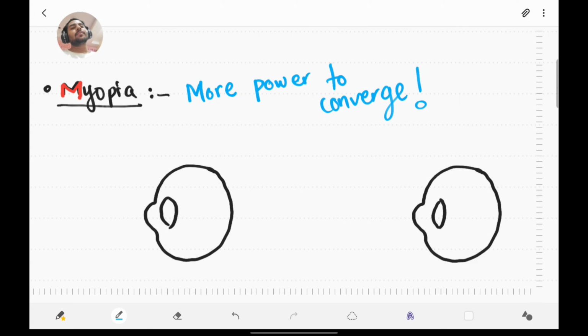Now, what happens in a myopic eye, which is commonly found in youngsters nowadays? It's simply that the rays of light are converged more, and the image is formed before the retina, right? Let me explain to you. When rays of light come from a faraway object, they get converged, and the image is formed before the retina.